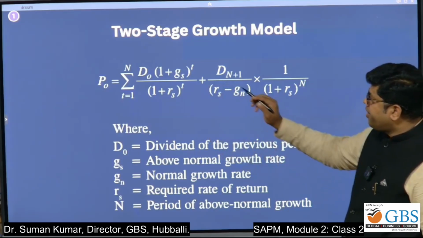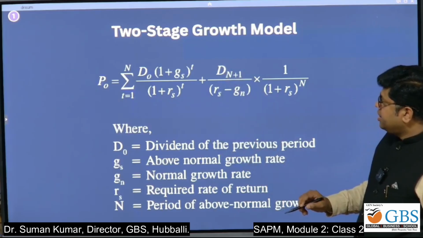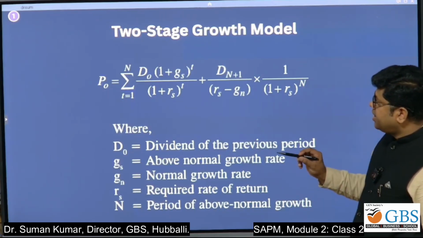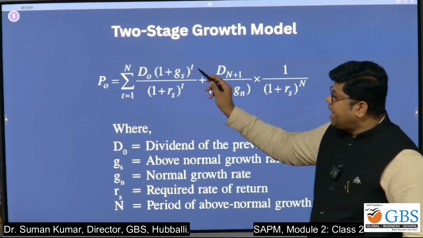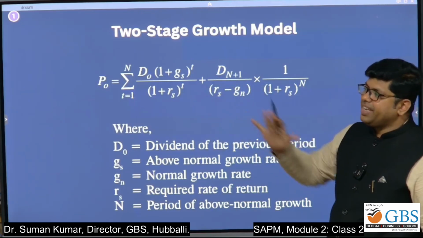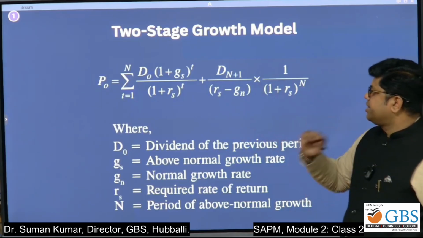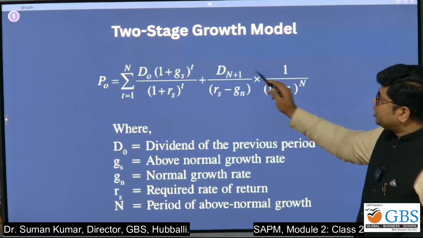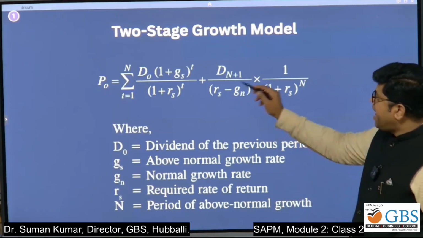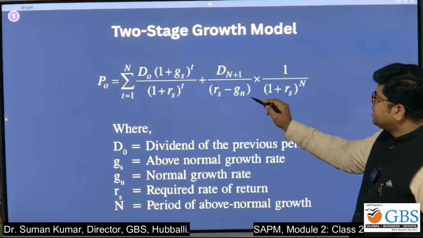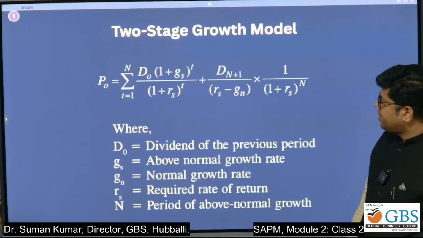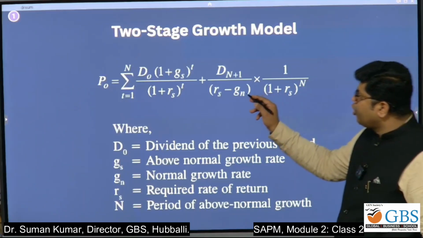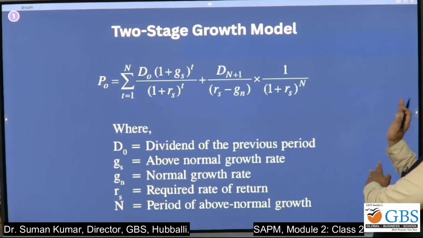GS means (1 plus GS) raised to T, divided by (1 plus RS) raised to T. So the first time period may be the first 3 years or first 2 years, that is T, plus Dn plus 1 divided by RS minus Gn, the required rate of return minus the growth rate of the second period.